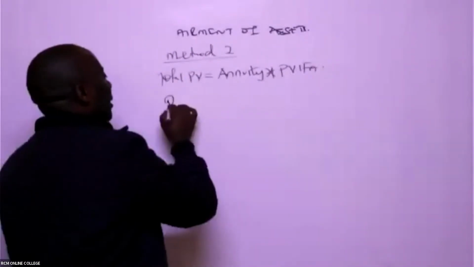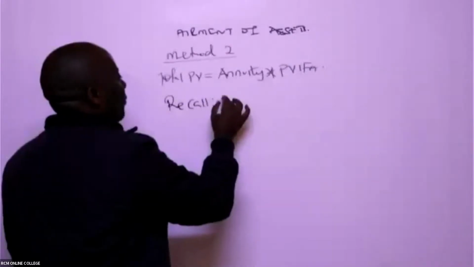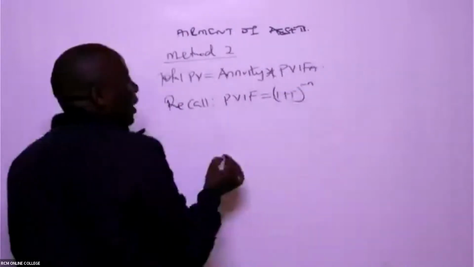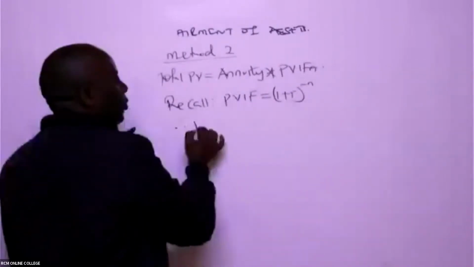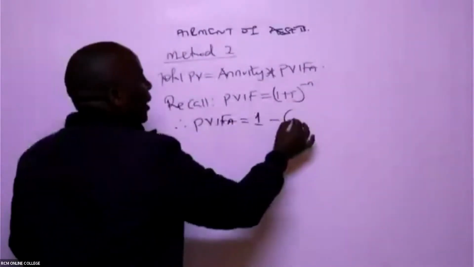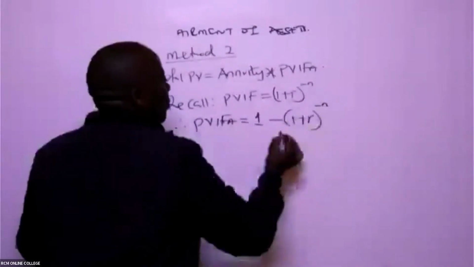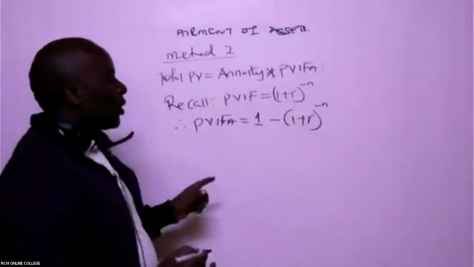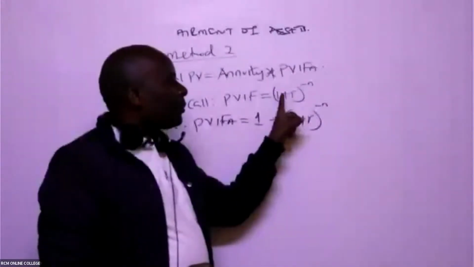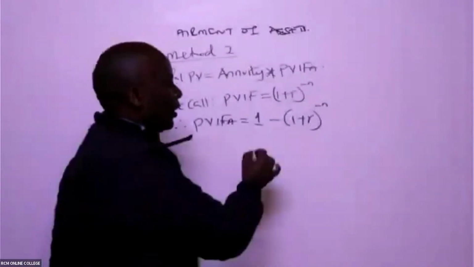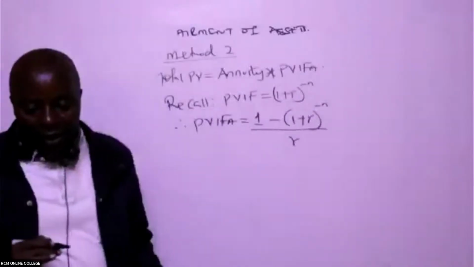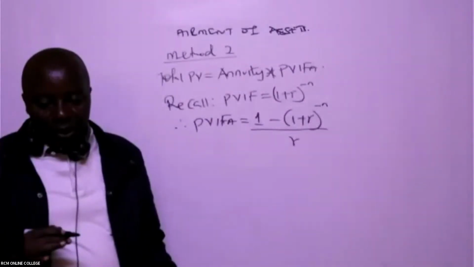Now remember, PVF is 1 plus R raised to negative n, and therefore PVFA will be 1 minus that formula, 1 plus R raised to negative n, but everything divided by R. Caroline has already been able to get it.